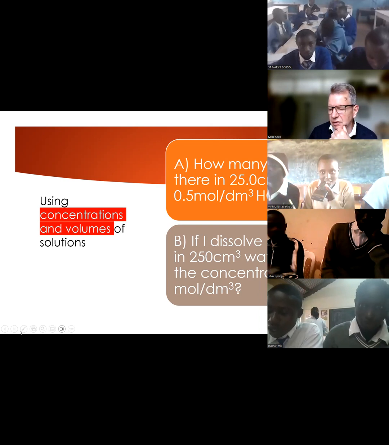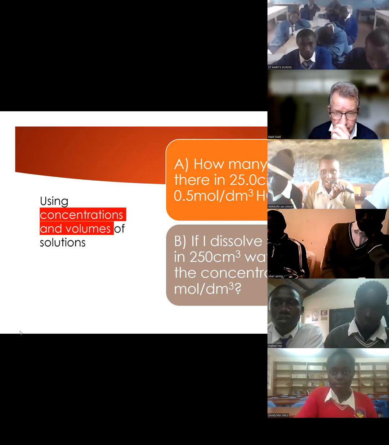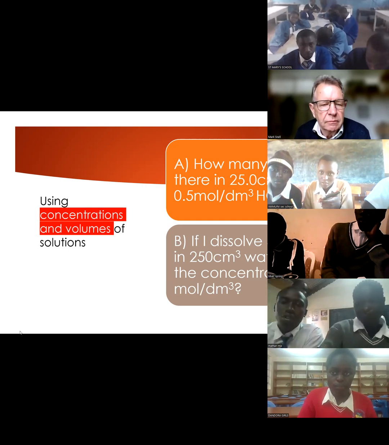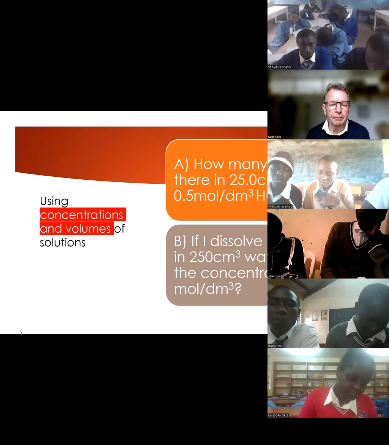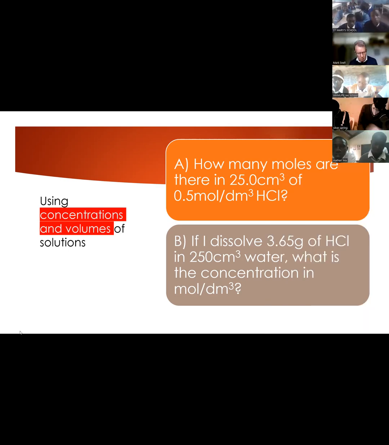Don't forget that cubic centimeters need to be turned into cubic decimeters by dividing cubic centimeters by 1,000. Okay? So you have to remember that in this one, the triangle is moles at the top, concentration down here, and volume in cubic centimeters divided by 1,000. Okay, that's it.